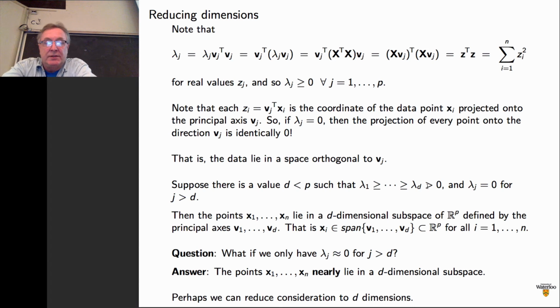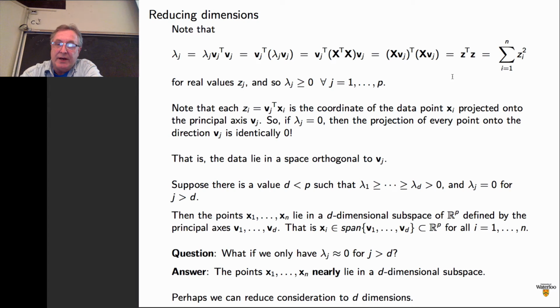So, some things to note. I think we've already talked about this, that the sums of the squared lengths actually correspond to those lambdas, to the eigenvalues.